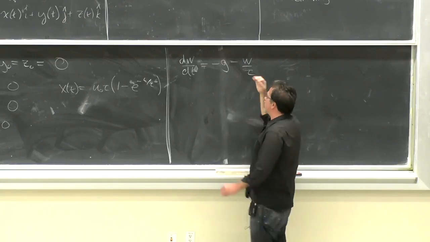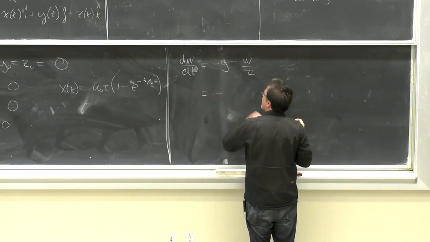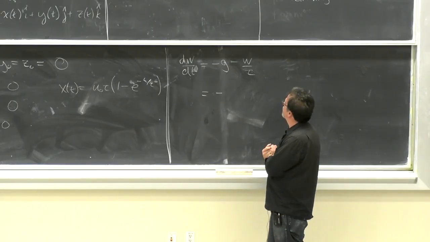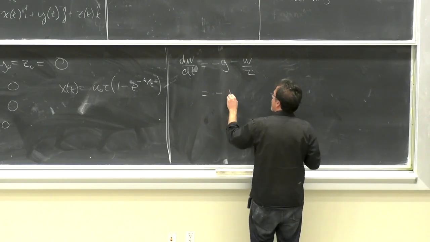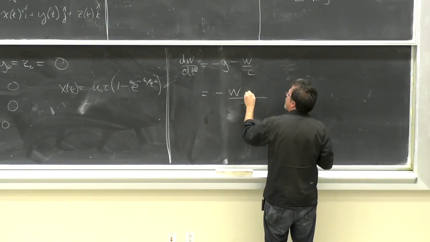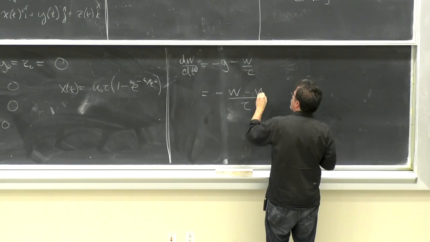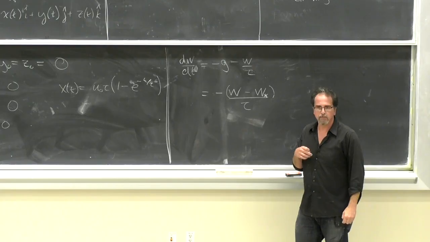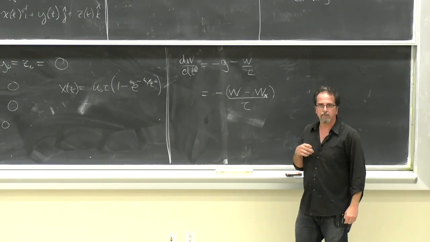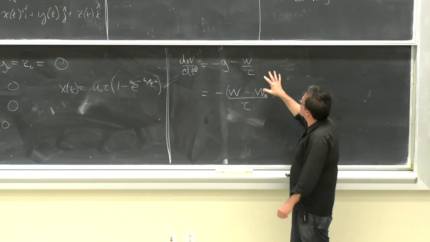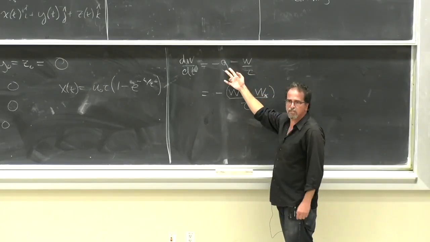And I'm going to rewrite this thing as follows. Negative W divided by tau minus W asterisk. Hate me. That's fine. You may hate me. What if I were to say that g is just a constant, right?